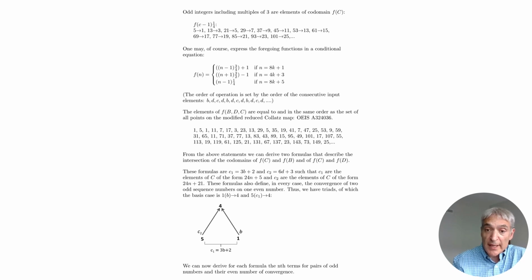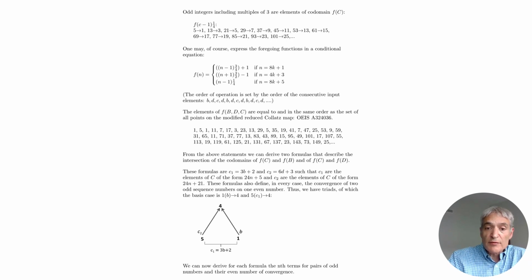Thus we have triads, of which the basis case is 1, which belongs to set B as the input, has an output of 4, and 5, which belongs to the set C subscript 1, also has an output of 4. So they converge. And they converge according to this formula, C subscript 1 equals 3b plus 2.